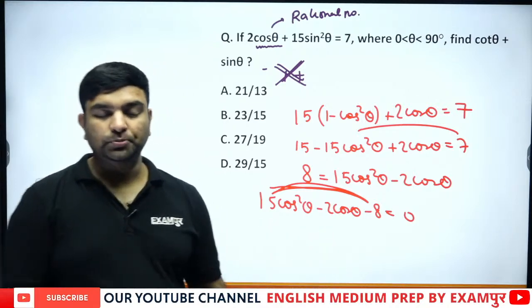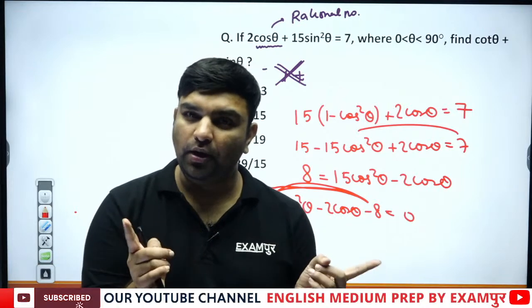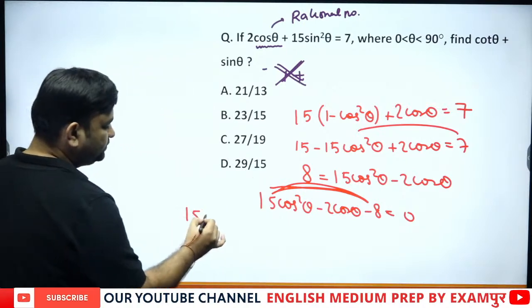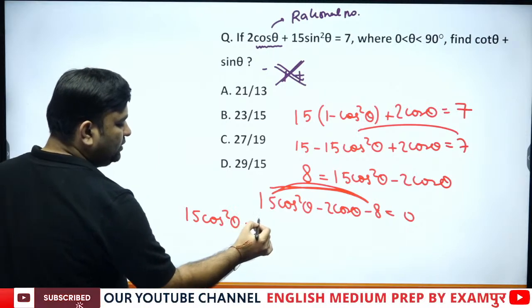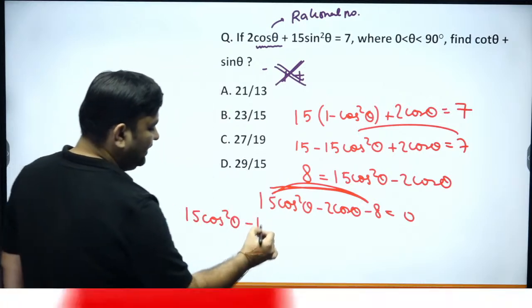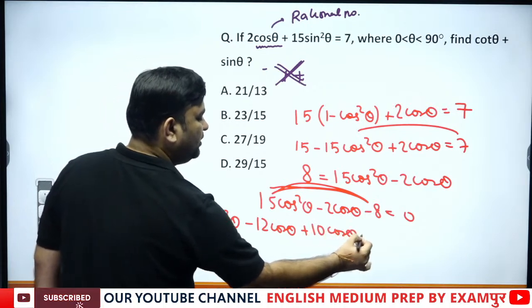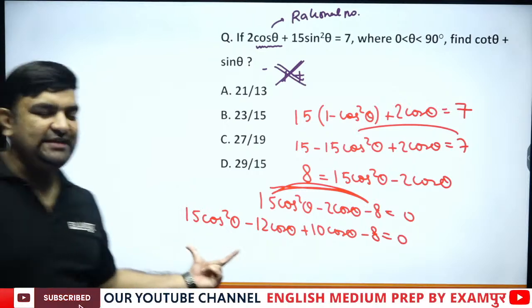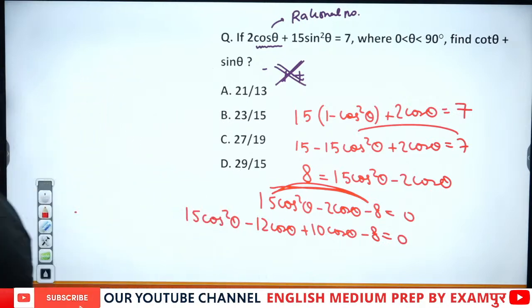What is the difference? 2. 10 and 12. Take the bigger number positive and the smaller number negative to maintain the negative sign.